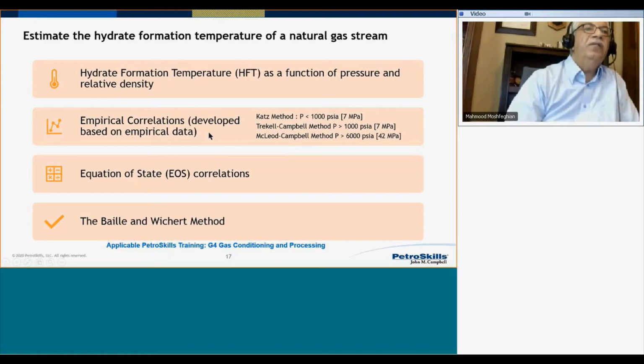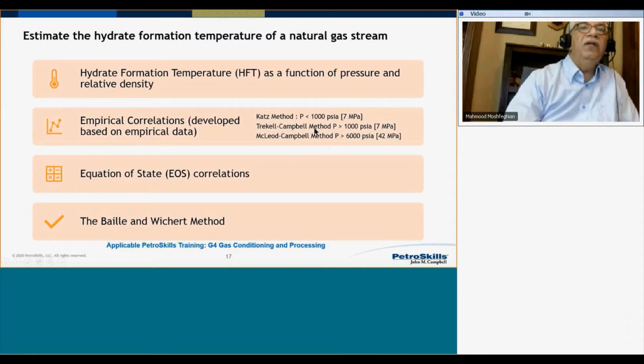There are three different types. One is the CATS method, which is like the dew-point calculation method based on the K value for vapor phase and hydrate phase. It's a trial and error procedure, and normally we use it for pressure less than 1,000 psi. The next shortcut method is the Katz method for pressure above 1,000 psi up to about 6,000 psi.